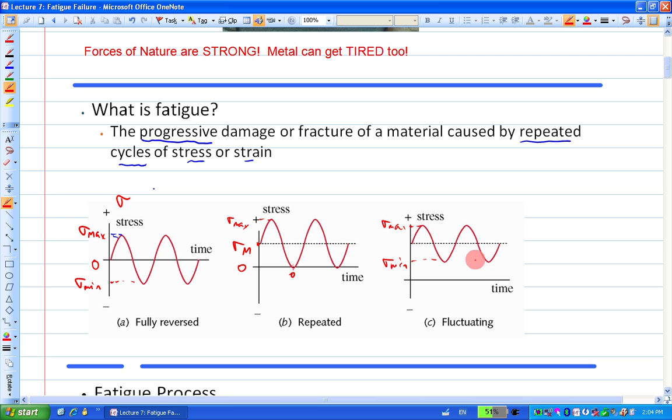This is the more general case, because if you set sigma m equal to 0, you come back to the fully reversed case. Ultimately, we'll end up with design equations dealing with this fluctuating case, but we're going to start with fully reversed. Today we're going to look at this one.